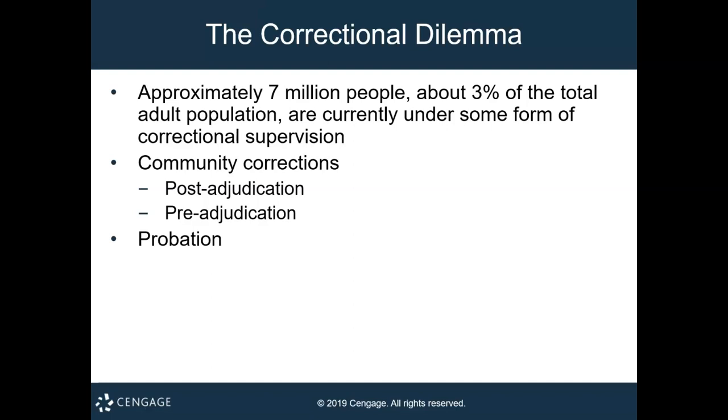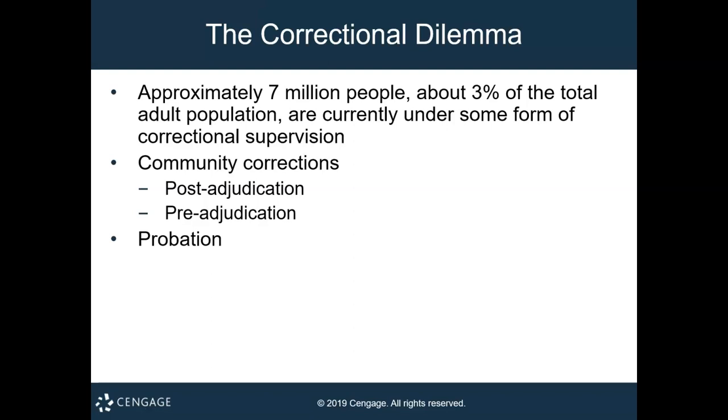So what does that mean? Well, before a person has been convicted of a crime, that would be called pre-adjudication. That means they're still going through the court proceedings and their case has not yet been resolved. And there are times that corrections becomes involved in cases like that.